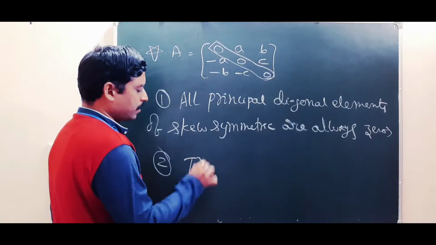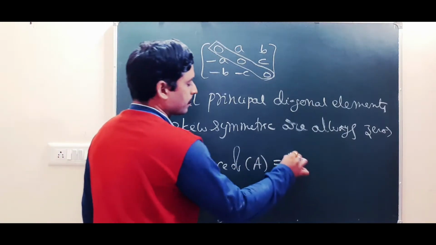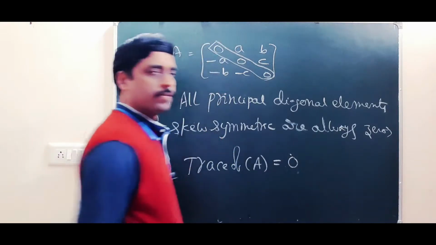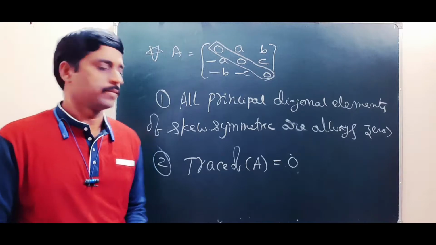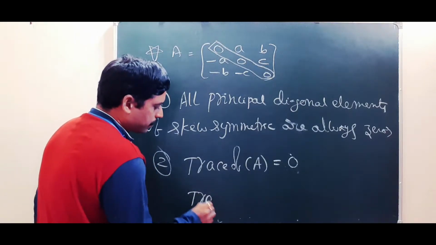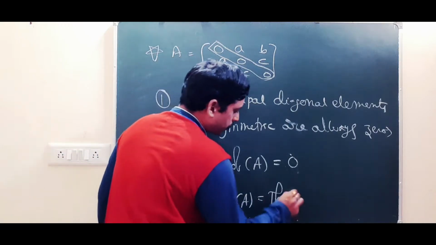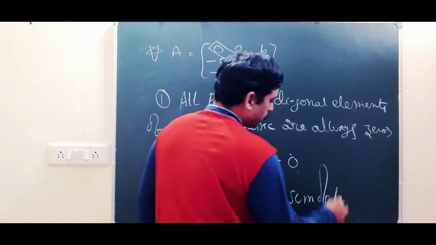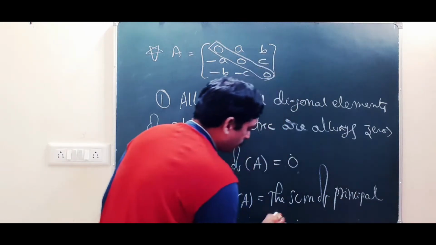The trace of A means the sum of principal diagonal elements.